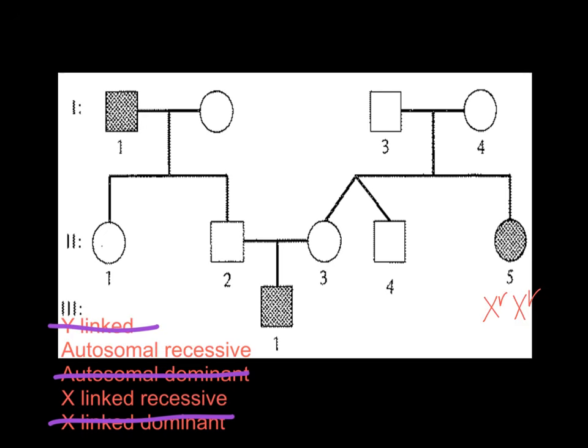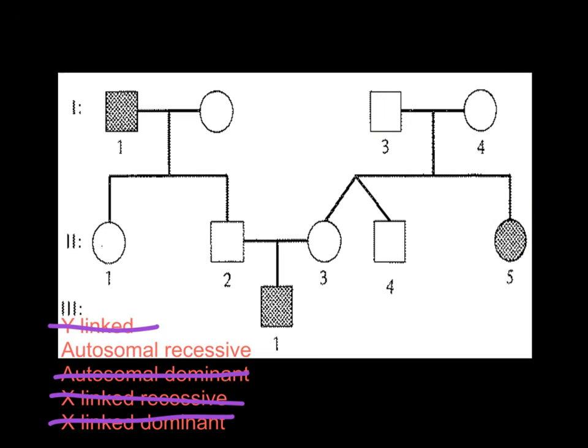So this female would be X-linked recessive for both of her alleles, which means she would have had to have gotten her X-linked recessive allele from her dad and from her mom. Now, if the father did have the X-linked recessive allele and his Y allele, then that would mean that he would have had to have been affected for this mode of inheritance to be plausible for this pedigree, which means we can also rule out X-linked recessive as a mode of inheritance on this pedigree.